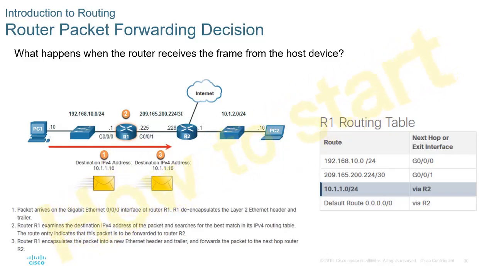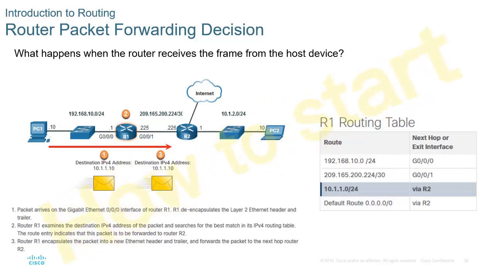So in this example, we have PC1 trying to communicate with, I believe, a PC2. What ends up happening is it's outside of our network. So we will create a packet, we will create a frame, and we will send it to our default gateway.